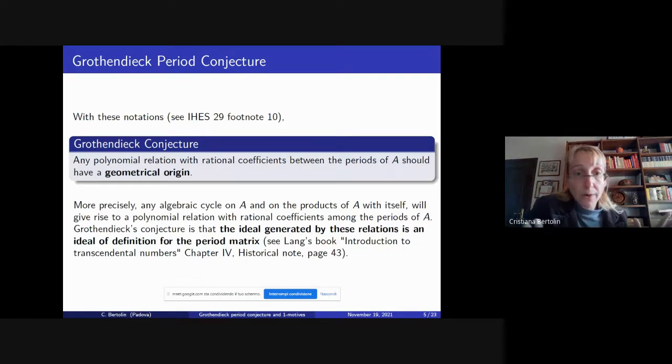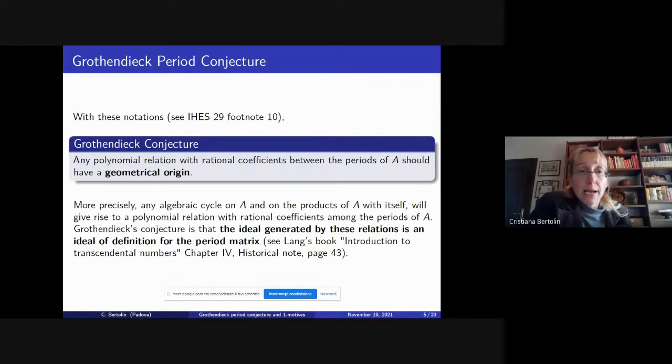But so far as I know, it is the only place where, starting from an algebraic cycle, we get a polynomial. So also the first sentence here is wide open. The conjecture says that all polynomial relations come from algebraic cycles, but it is also very difficult to start from an algebraic cycle and find a polynomial relation.